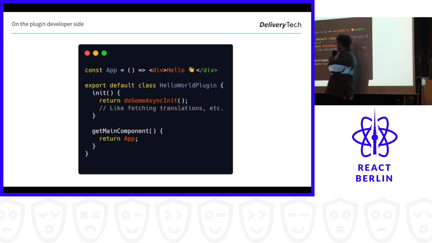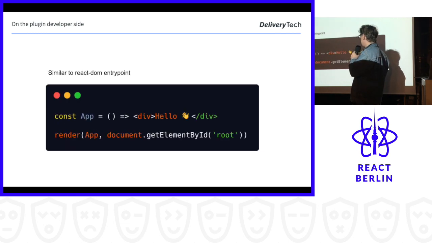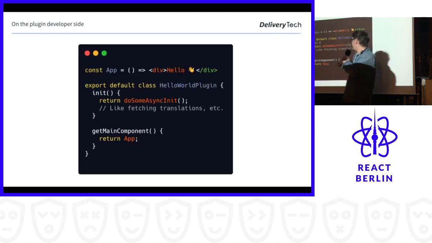Then there's this method called getMainComponent, which just returns this app. This might be familiar to you, because it's almost the same thing you would do with a React app. Instead of putting your app in the render function of React DOM, you just return it here, and we inject it.